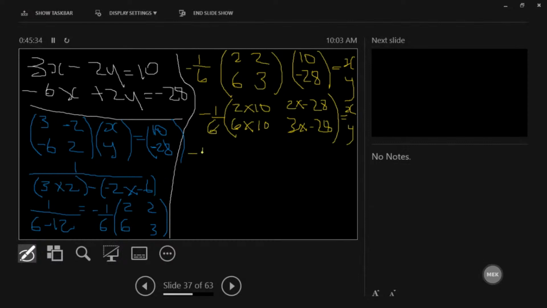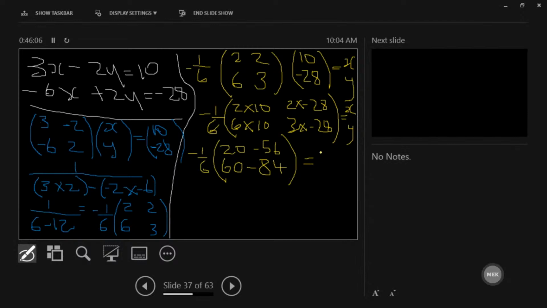So negative 1/6, 2 times 10, that's 20, 2 times negative 28 is negative 56, 6 tens 60, and 3 times negative 28, that's negative 84.